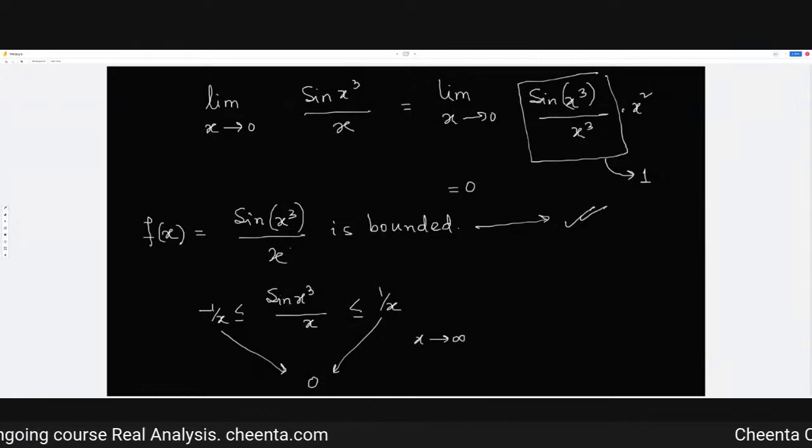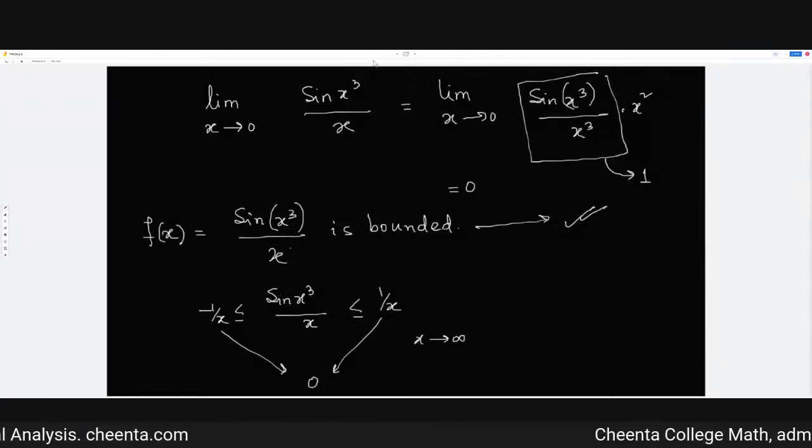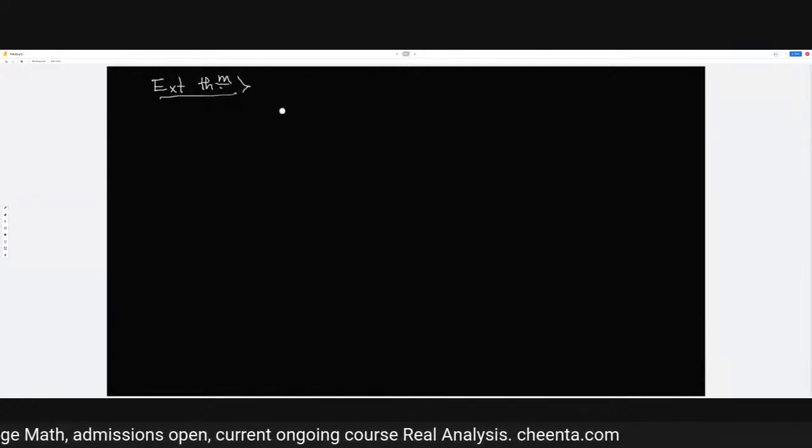Now to prove the uniform continuity, for this you need to know the extension theorem. So I will write extension theorem 1 and 2.